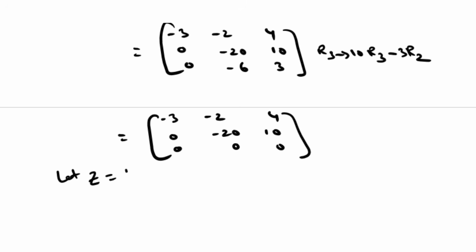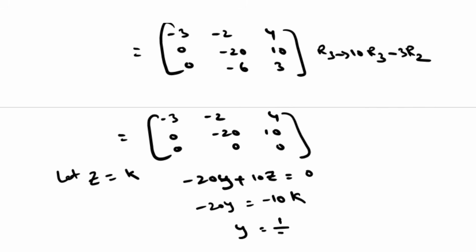Let z equal k. The second equation is -20y + 10z = 0, so -20y = -10k, and y = 1/2 k.